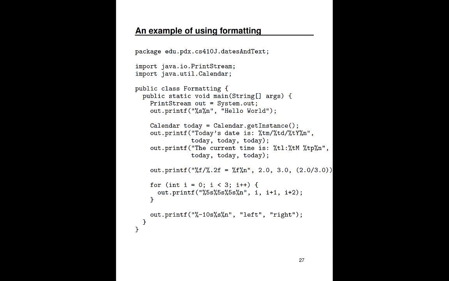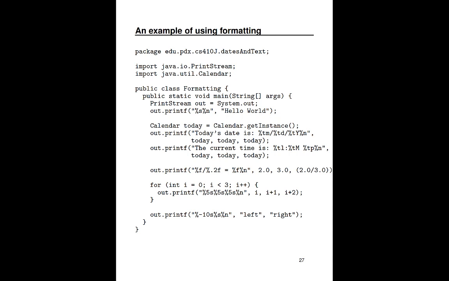We'll get a calendar that represents the current date and time, and we'll print out information about the date using %tm for month, /%td, /%ty followed by %n for new line. And because we're formatting 3 aspects of the date, we need to pass in the calendar object 3 times to printf. Similarly, we format some information about the current time.